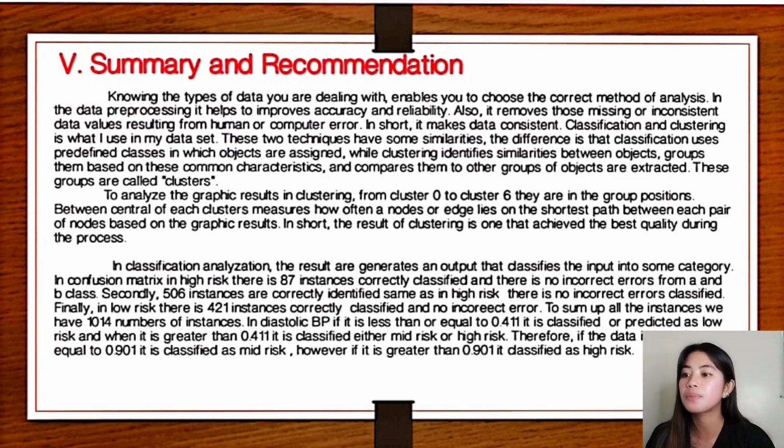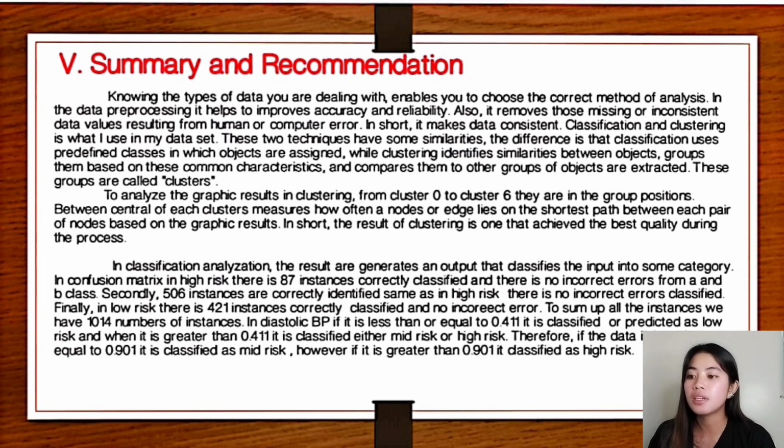To analyze the graphical result in clustering, clusters 0 to 6 are in group positions between the central of each cluster, which measures how often a node or edge lies on the shortest path between each pair of nodes based on the graphical results. In short, the result of clustering is one that achieves the best quality during the process. In classification analysis, the result generates an output that classifies the input into some category.